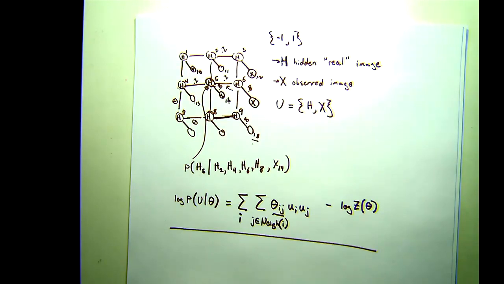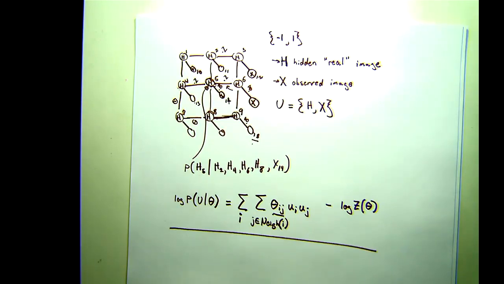You might ask, given a noisy X image and a set H image, what's the probability of that? Is it likely that the H generated the X? You might do that too, but most of the time we're going to say, how can we recover H given our X? So how can we recover the real image given the observed image?